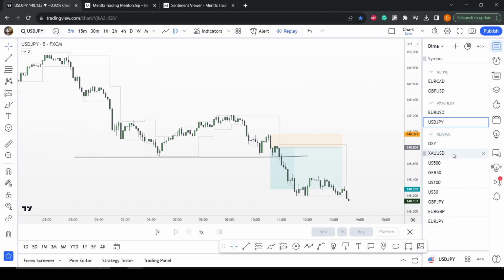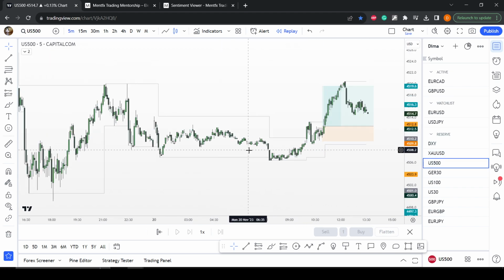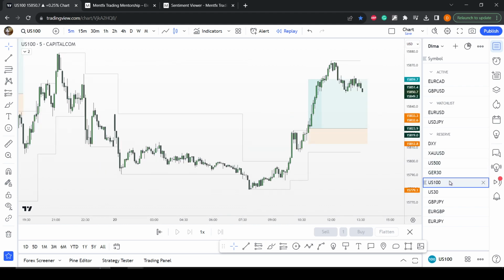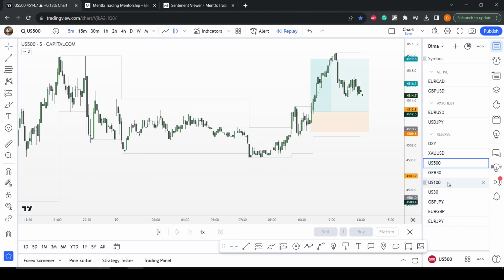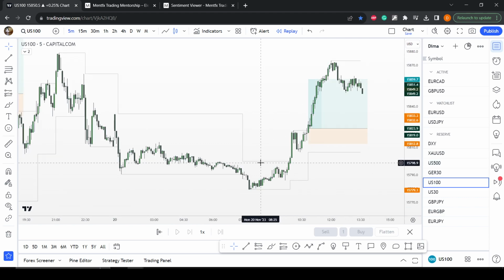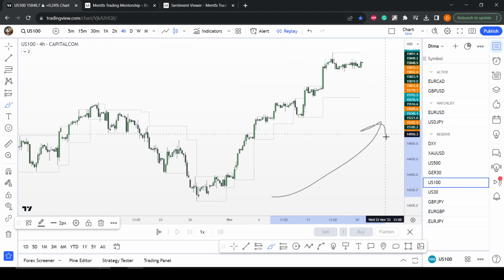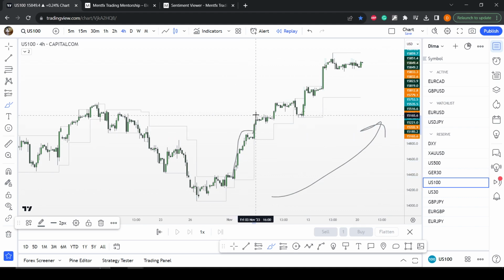One more good example of the possible trade was US 500 and US 100. So let's check who is the cleaner one. Probably this one. So all the stocks are right now moving in this upwards structure, as you can see, with impulse correction, impulse correction, impulse correction into structure S&D confirmation, into impulse correction, and so on.